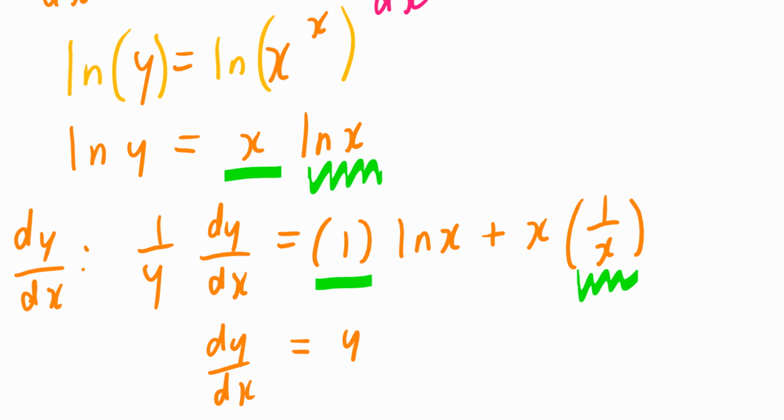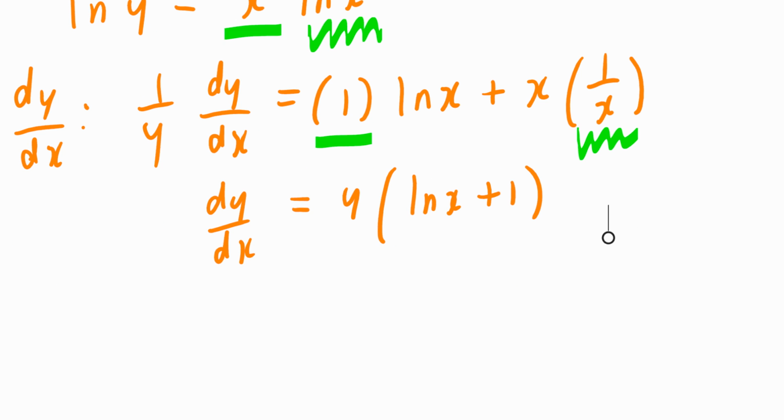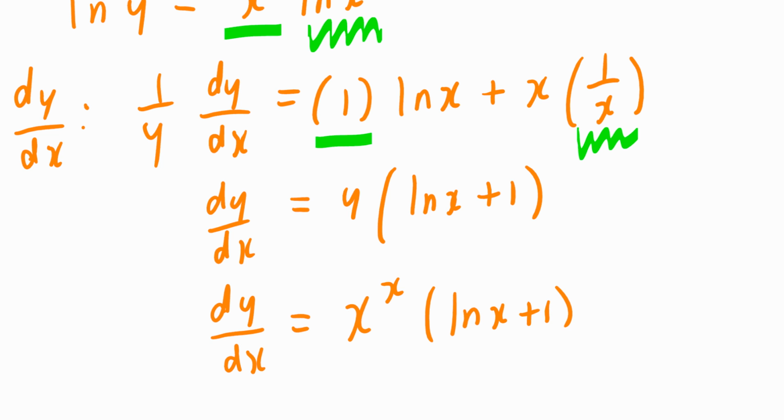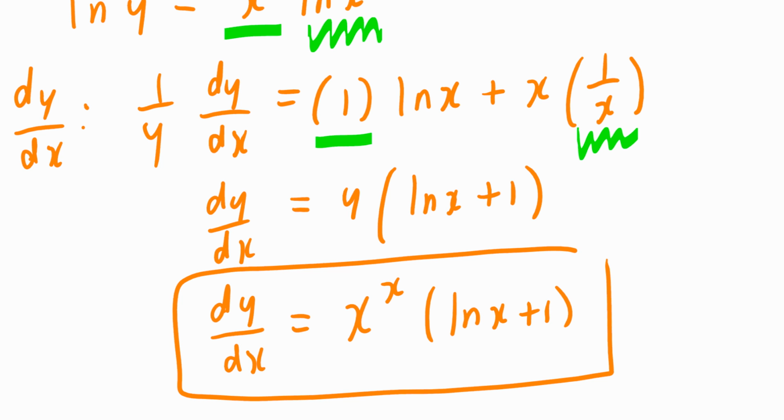So you can bring y to the right-hand side times, open brackets, ln x plus 1. Now don't forget to express dy by dx only in terms of x. We write the function y in terms of x. So dy by dx equals x to the power of x times, in brackets, ln x plus 1.